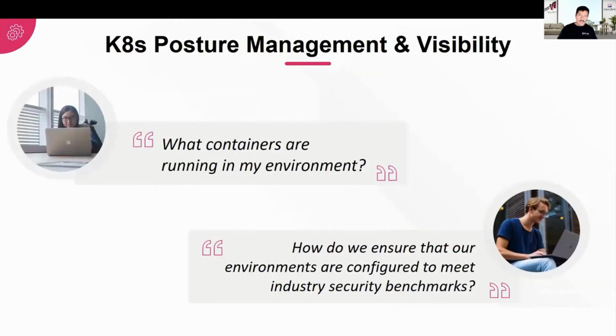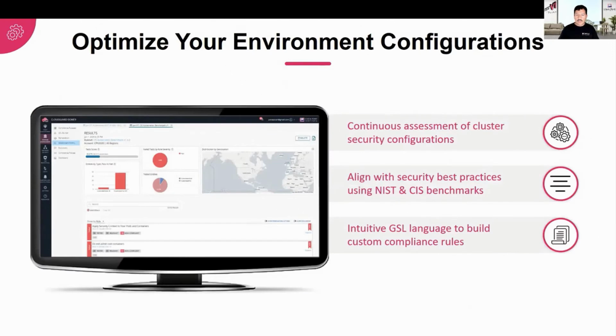So the first step is posture management and visibility. How do we know what's going on within the Kubernetes environment and configure things correctly? And how can we ensure that that configuration is met over time? As part of this posture management, you want to be able to optimize your configuration, so you need that continuous assessment.